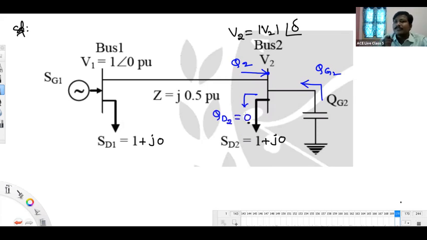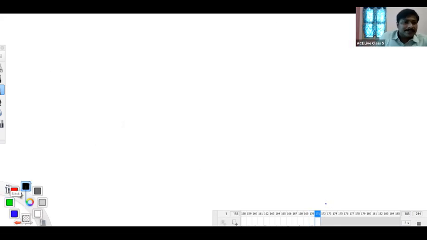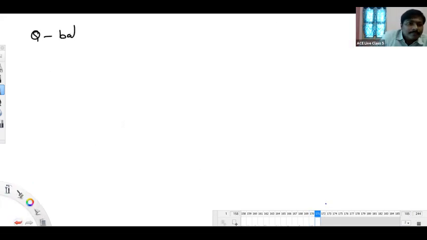Apply Q balance: Q2 injection plus QG2 injection equals QD2. From that, you should get the QG2 value as we have done earlier. Let us show in the next slide. So here, Q balance at bus 2.